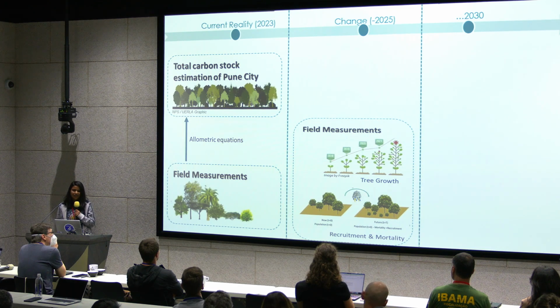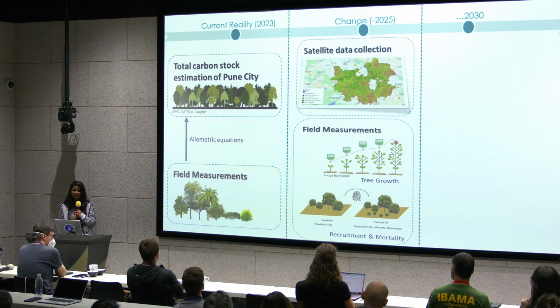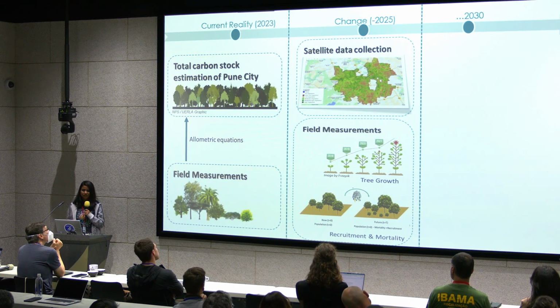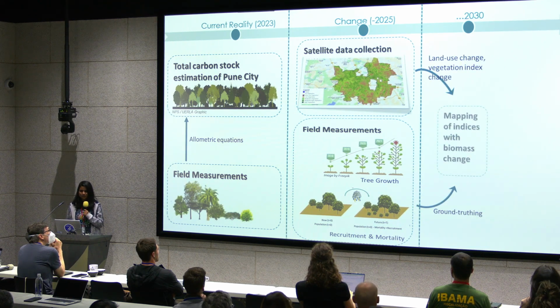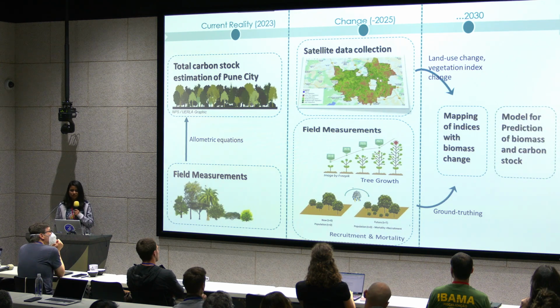And two, we are also collecting the satellite data for the period and recording the land use change against a vegetation index called the NDVI, which is the Normalized Difference Vegetation Index, which is basically for studying the vegetation of an area. And this data over a period of 4 years will enable us to build a computational model for biomass estimation.